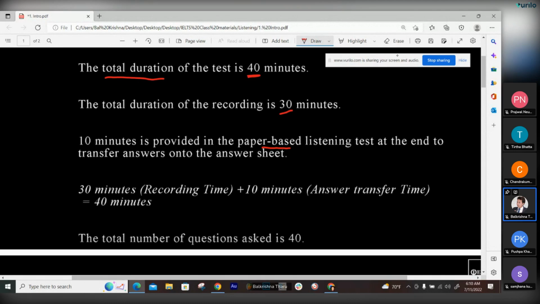So, since you don't need to transfer, there's no answer transfer time. So, the total duration of listening test in your computer delivered IELTS is 40 minutes. But the duration of the test, the paper based listening test, is 40 minutes.